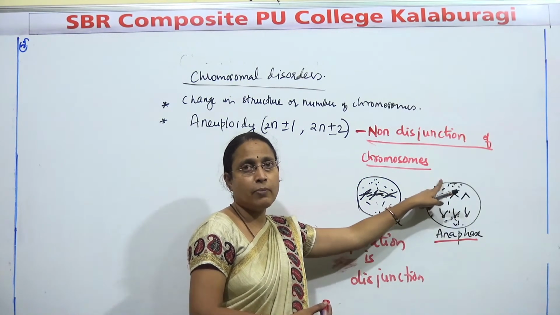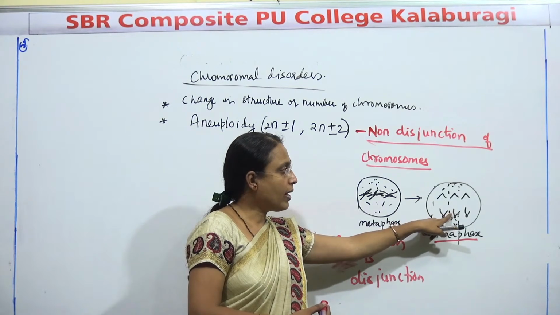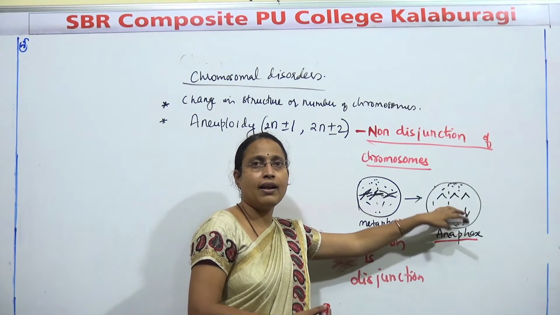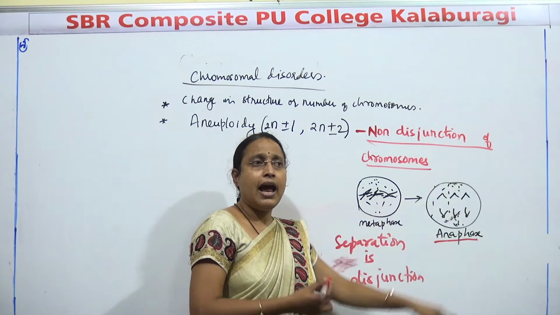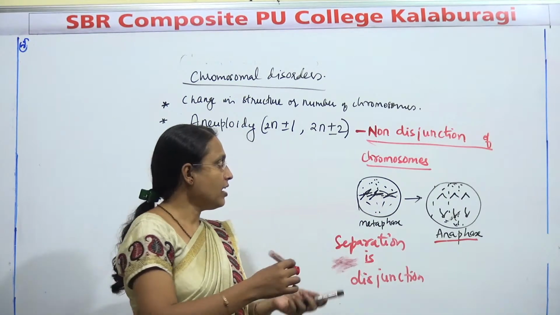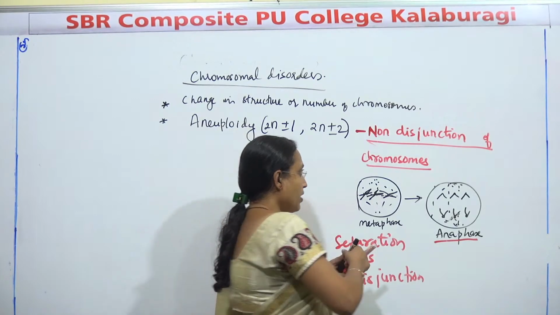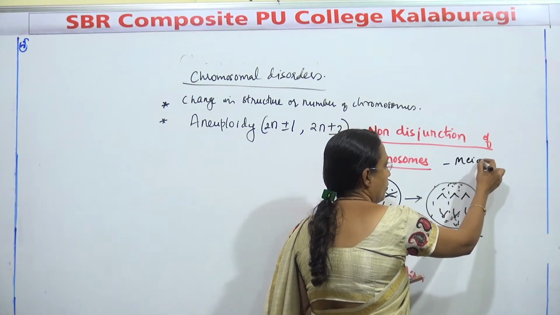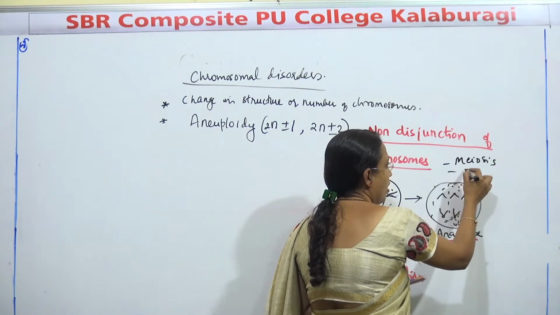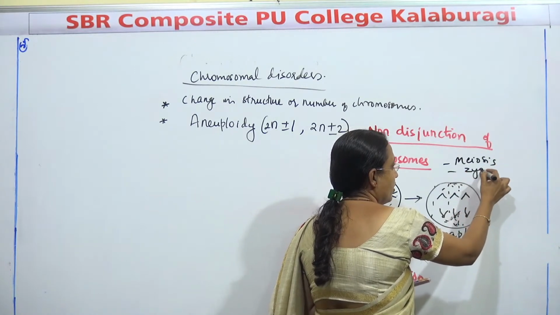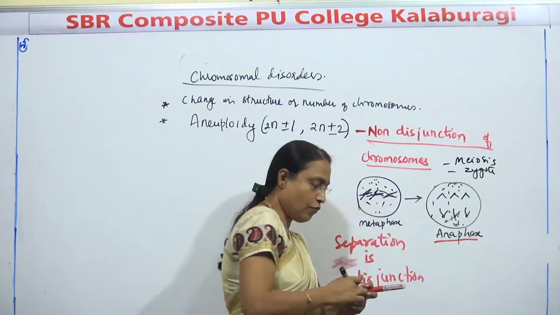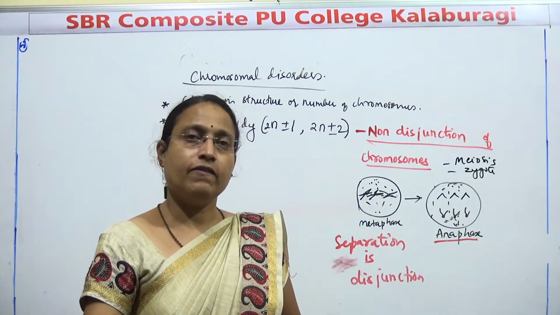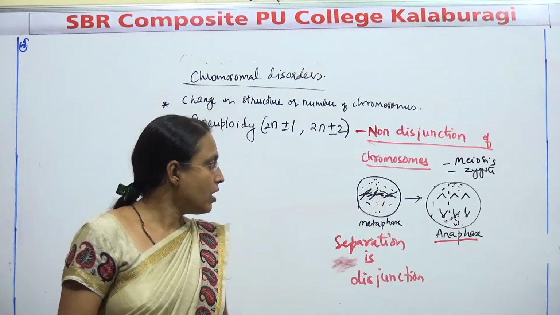When they don't separate correctly, uneven distribution of chromosomes occurs, and one cell gets more and another cell gets less. This can happen during meiosis or after cleavage, that is, once the zygote is formed. Also some differences can occur in the division.